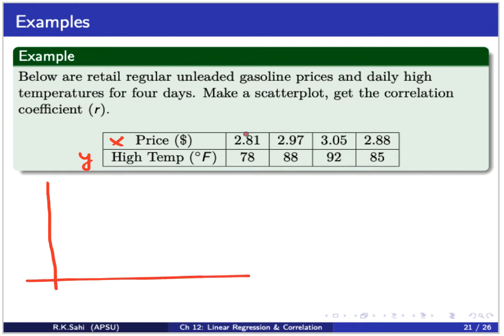Okay, so for price, the minimum is 2.81 and the maximum, I didn't see that, is 3.05, guys, sorry. So 2.81 and 2.91. I can go in 10 units, or I can eyeball the numbers. 2.91 will not be good because I'm going 10 units here.